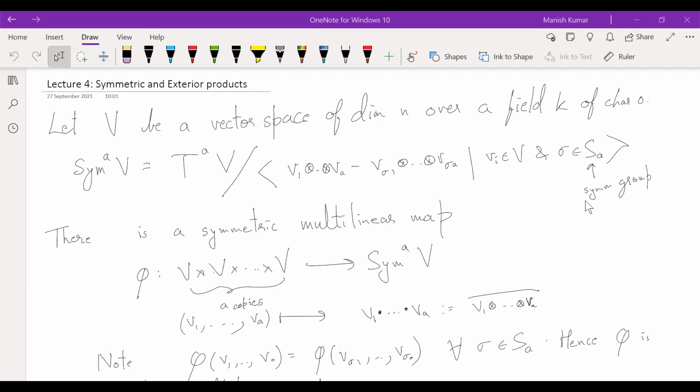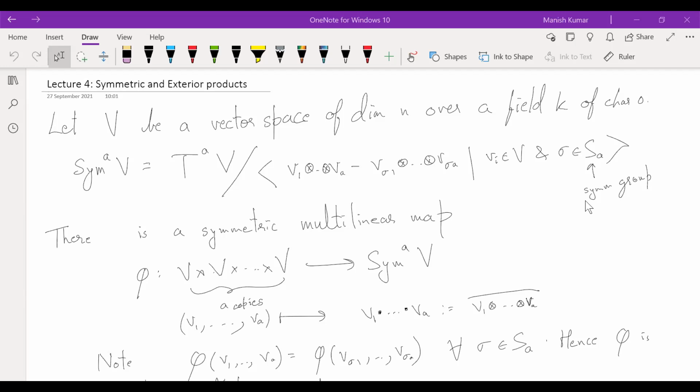So elements of T^A V look like sums of v1 tensor v2 tensor ... tensor vA. So you quotient it out by subspaces of the form v1 tensor v2 tensor ... tensor vA minus v_sigma(1) tensor v_sigma(2) tensor ... tensor v_sigma(A), where the vi's are elements of V and sigma is in the symmetric group on A letters.